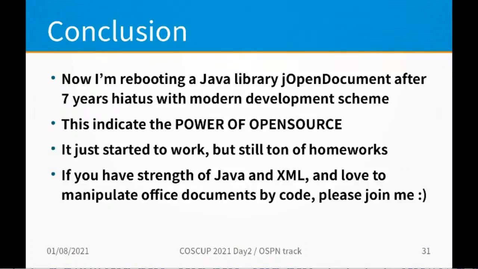If we have some interest in very old open source software, we can fork it and improve it. This is the power of open source. It has just started to work, but there is still a ton of homework. And if you have strength in Java and XML and love to manipulate Office documents like ODF by code, please join me.